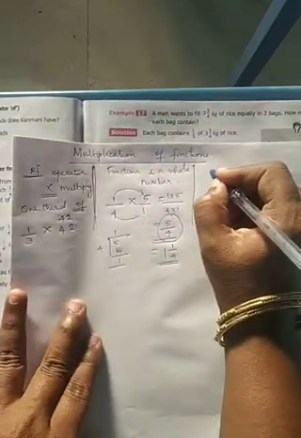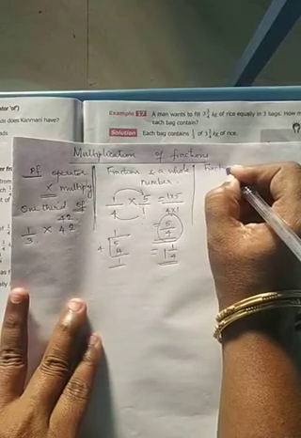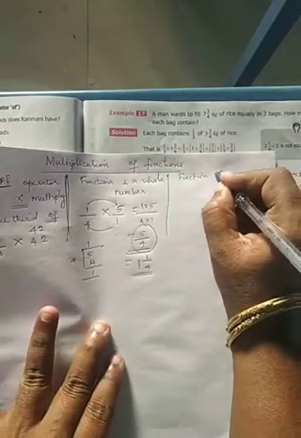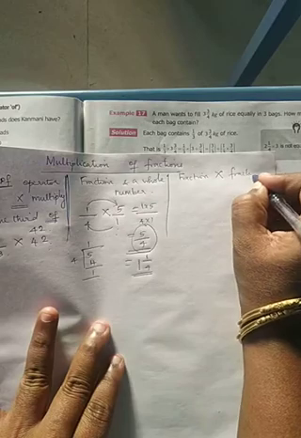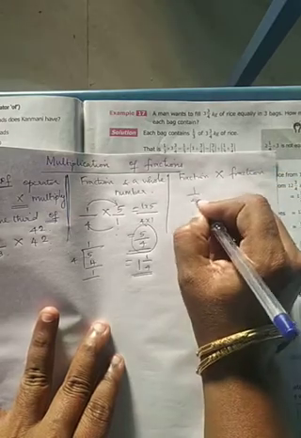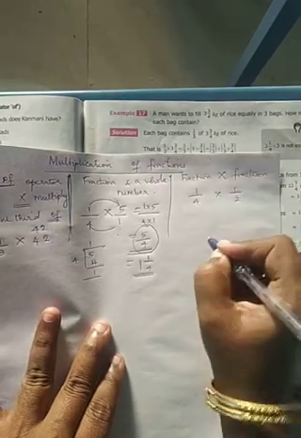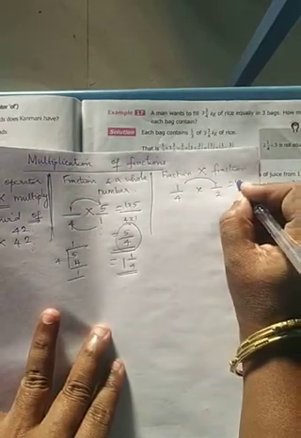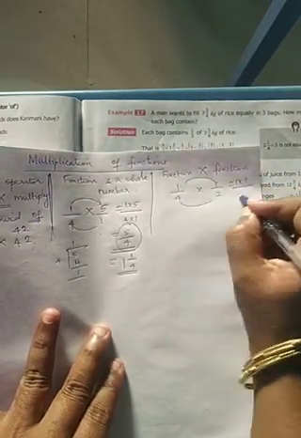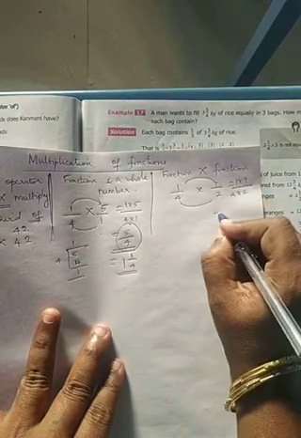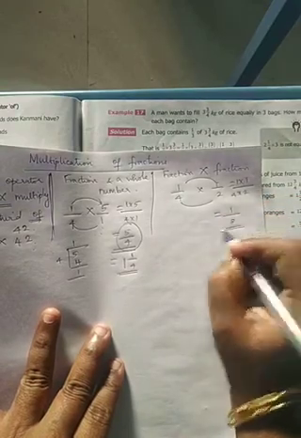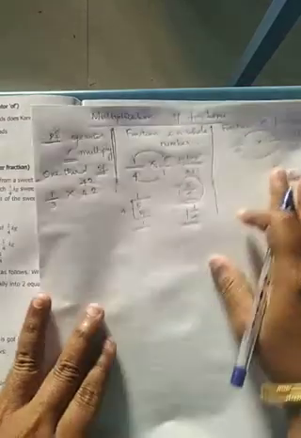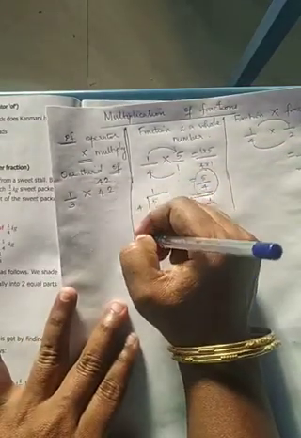Now the third type is a fraction into a fraction. Say 1/4 into 1/2. Now I can multiply the numerators, 1 into 1, divided by 4 into 2, which is equal to 1/8. So these are the 3 points which you should be remembering.